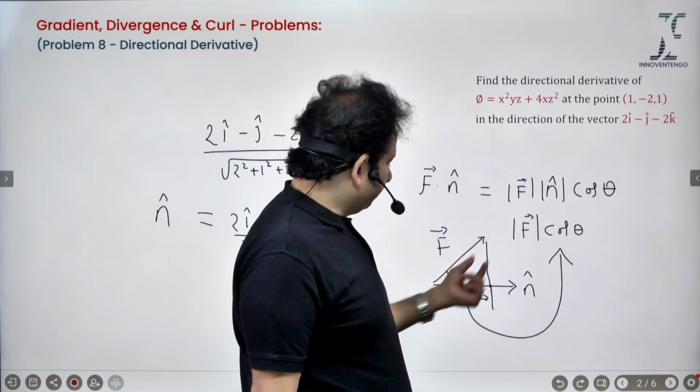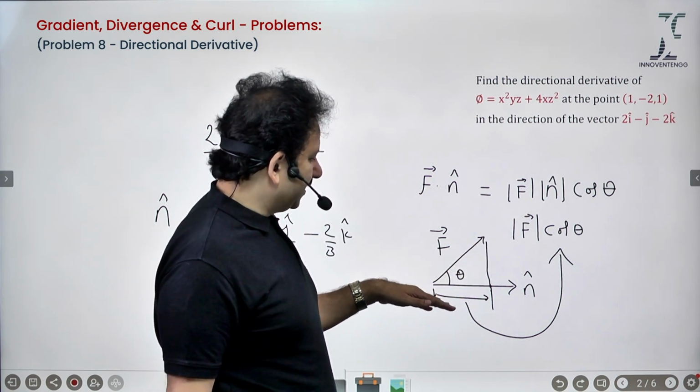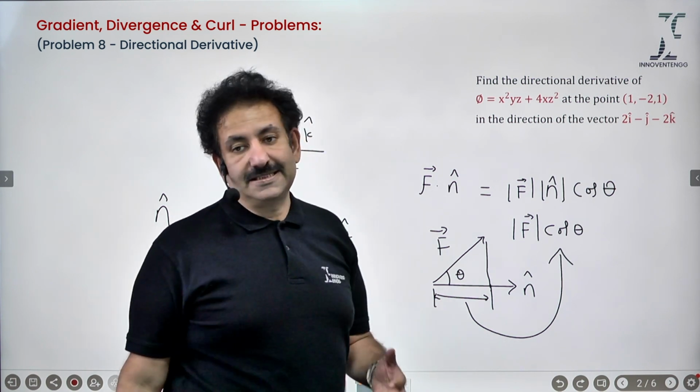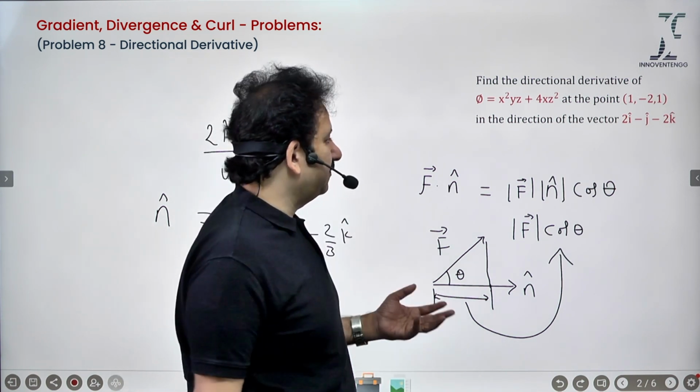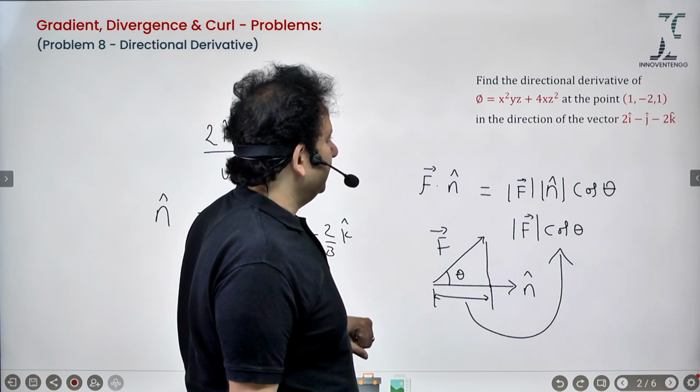And that is where, if theta becomes 0, the maximum directional derivative becomes the gradient itself.